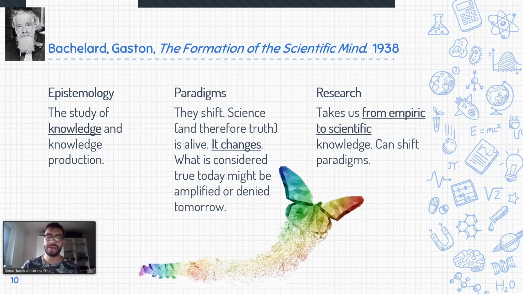And then why is research important? So why should I care about all this research part when I came here for, again, the technique, for the practical part? Because the thing is, research, writing these essays, reading these papers and reading these books can take us from empiric to scientific knowledge. And with that, we can shift the paradigms. Of course, this will not happen out of the blue.